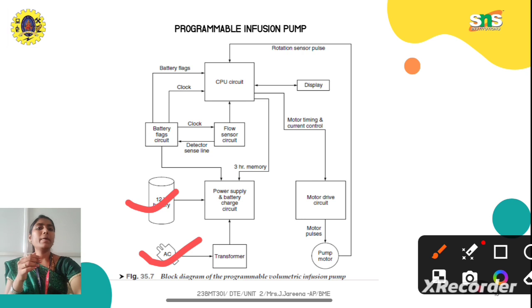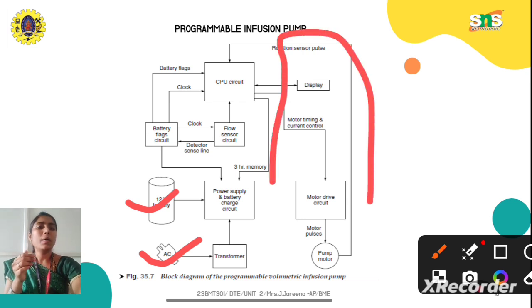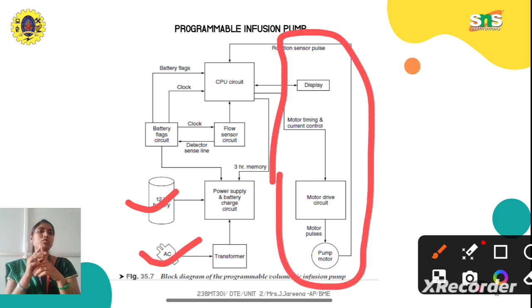The second mechanism, the main mechanism of any sort of infusion pump, is the pump mechanism. Whatever motor type we are using, syringe pump or infusion pump, these motors are controlled by the CPU unit or microprocessor unit.